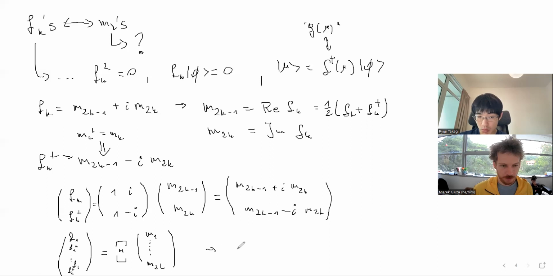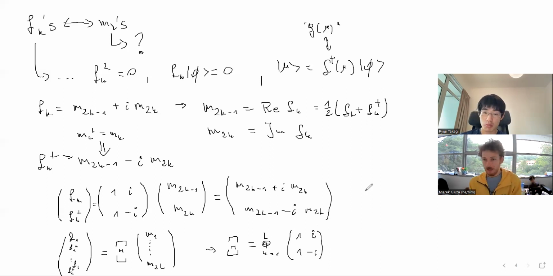And this matrix Xi has to be just a direct sum from k equals 1 to L of a 2 by 2 block. We had already 2 by 2 blocks before: 1, i, 1, minus i. So that's a way of transforming those Clifford relations to the CAR relations, canonical anti-commutation relations.